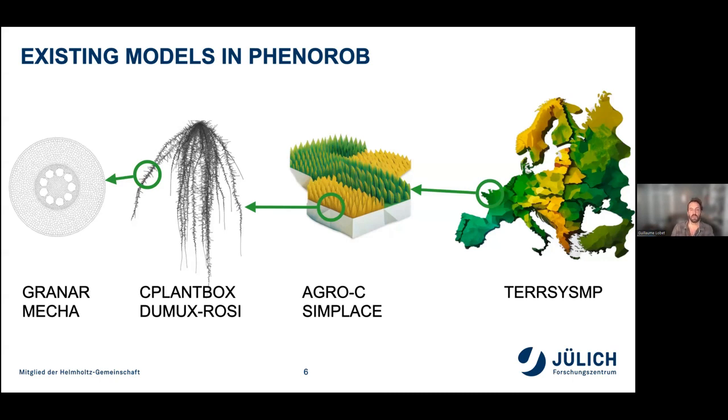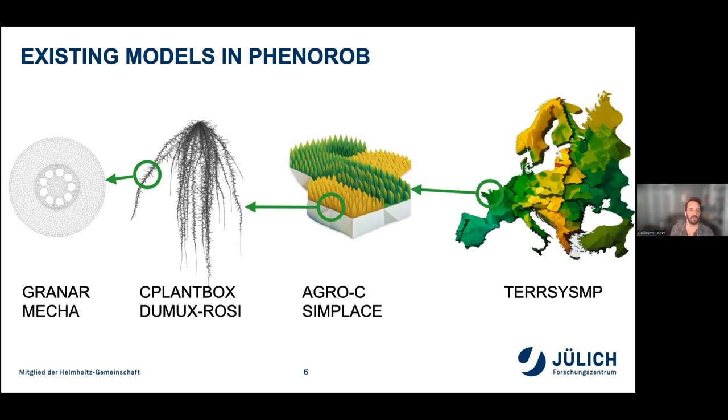And we actually have models on very different scales. Here is an overview, again, of the models dealing with the biological entities at different scales. If you go from right to left, we have models dealing with continental scale simulations, TSS-MP, and then we have models at the field and crop scale, such as AgroC and SimPlace.